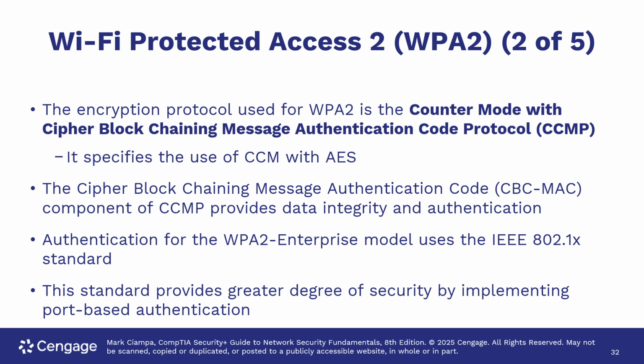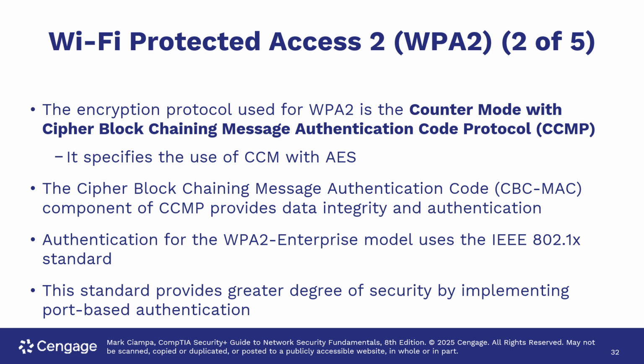That's your symmetric encryption. The Cipher Block Chaining Message Authentication Code, CBC-MAC, component of the CCMP, provides data integrity and authentication. The authentication for the WPA2 enterprise model uses the IEEE 802.1x standard.